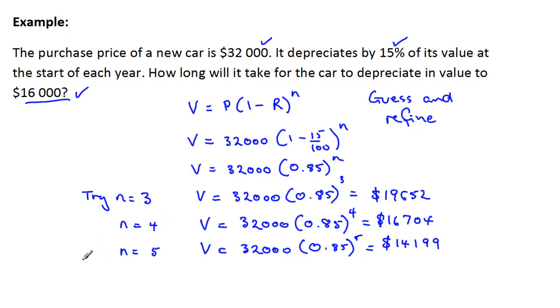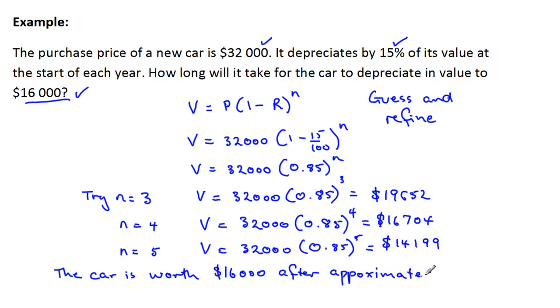The best answer would be that the car is worth $16,000 after approximately 4 years. And that's your best answer. So when you've got something like that, the guess and refine method is the best.